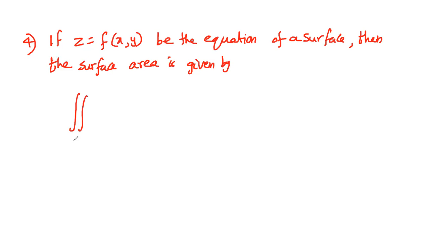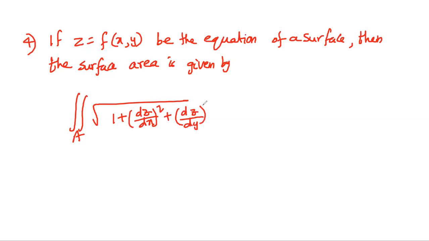Area, they are saying A. Now, z is equal to f of x, y be the equation of the surface, which means the square root of 1 plus dz by dx whole square plus dz by dy whole square, into dx dy.